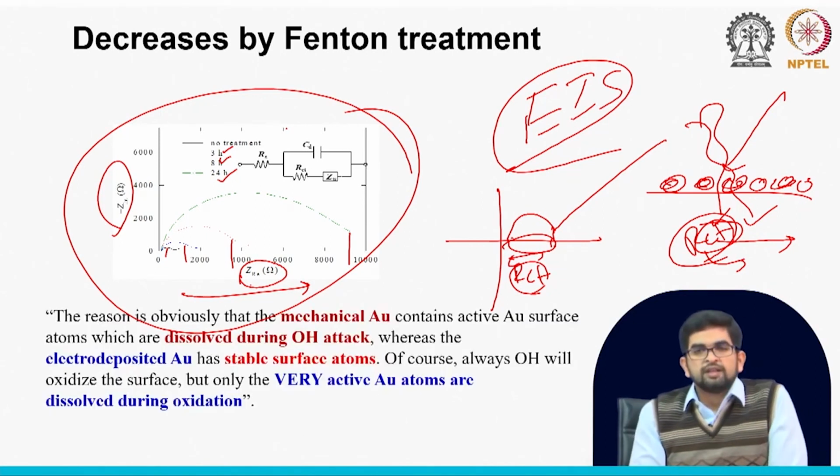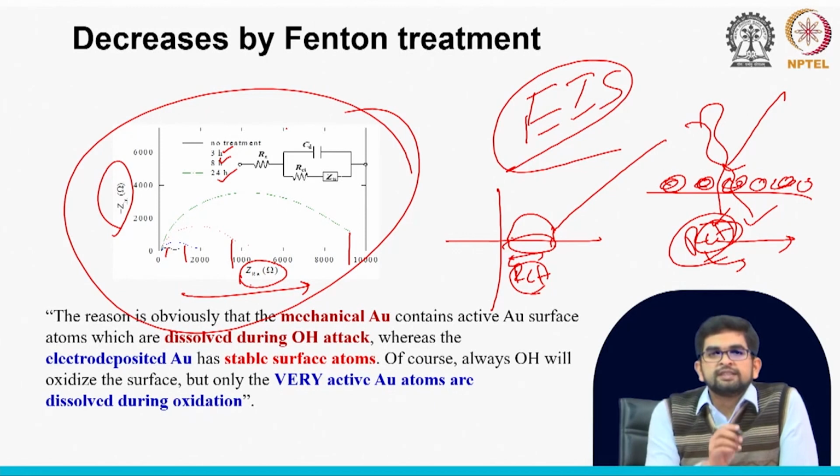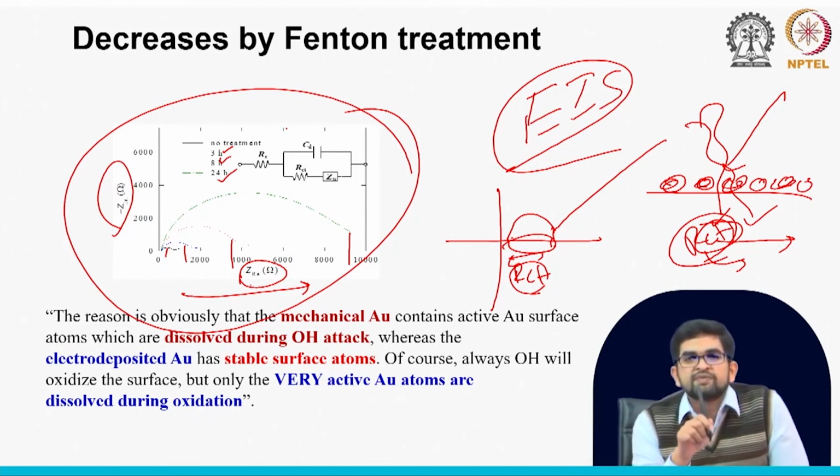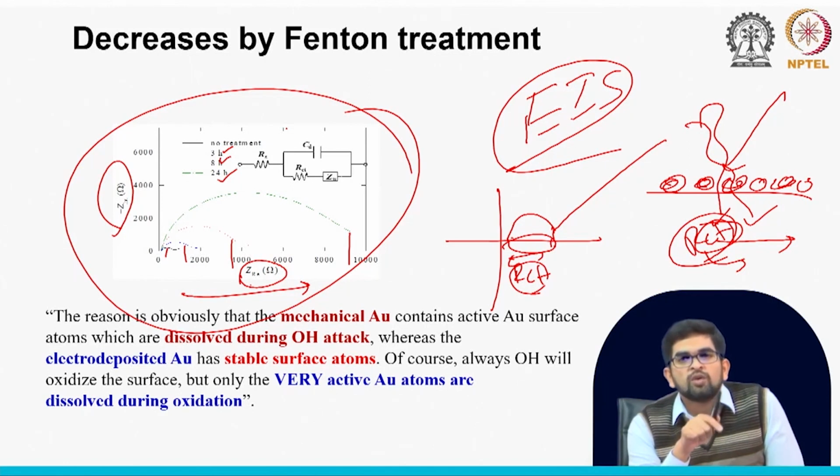Now, the reason is very obvious, and we can explain why the Fenton treatment has a different effect for the gold disc electrode and for gold nanoparticles. This is because the gold surface has very active sites.